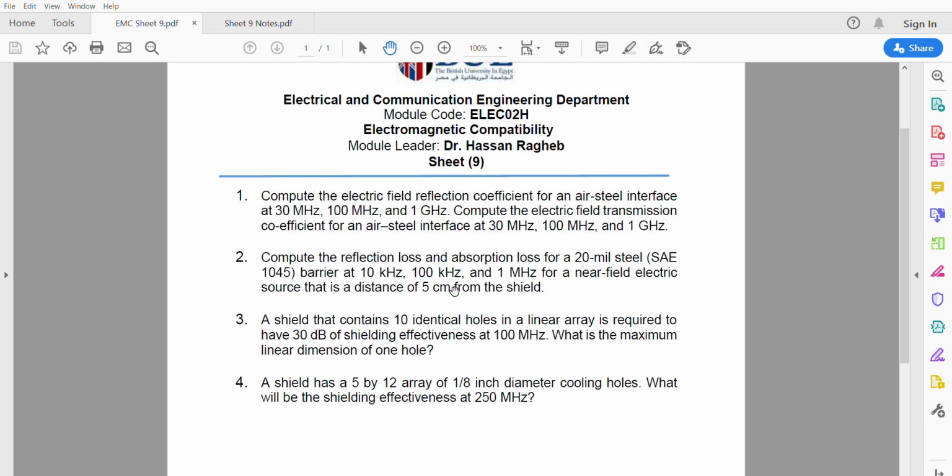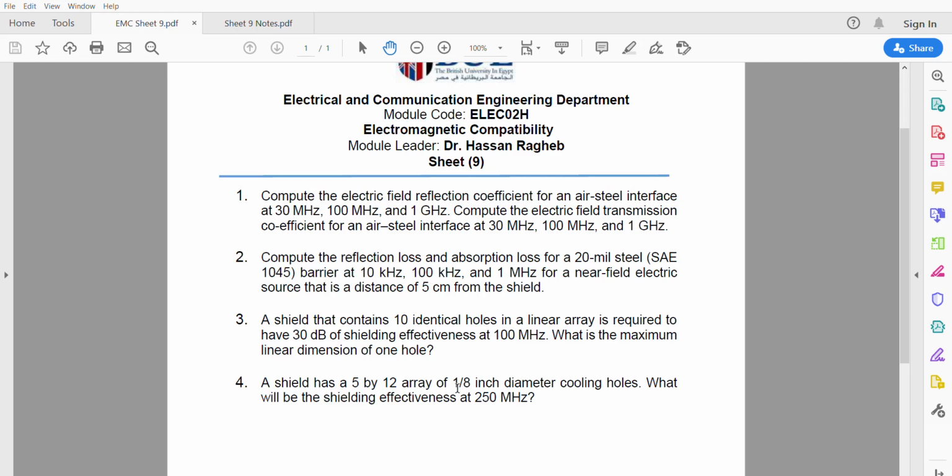Finally, a shield has a 5 by 12 array of 1/8 inch diameter cooling holes. What will be the shielding effectiveness at 250 MHz? So the frequency is equal to 250 MHz. It's given in mega. The number of holes in the array is equal to 12.